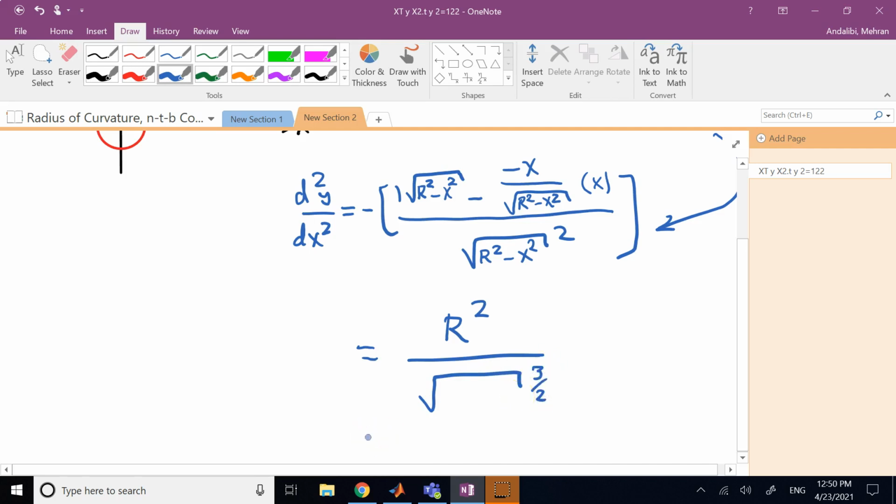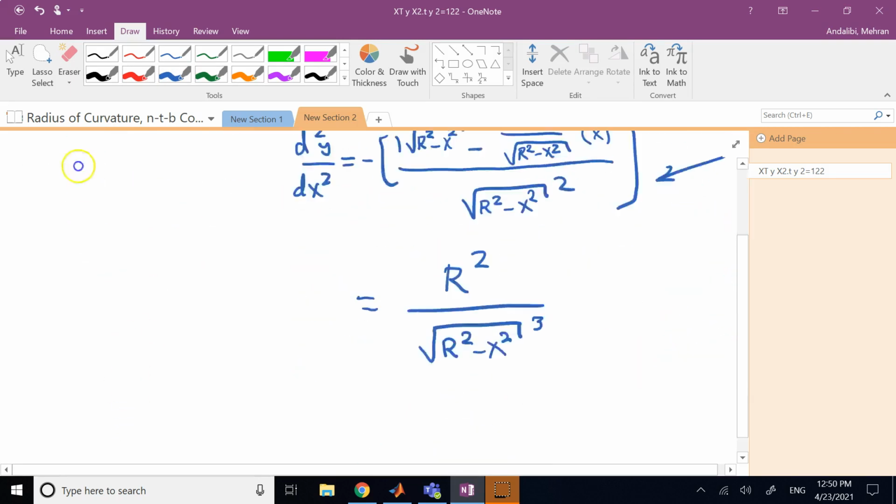Okay? And 5 over 2 actually in this case, because that's to the power 2, and then this is another power, that's 3. If you brought it out of the square root, then it would be 3 over 2.